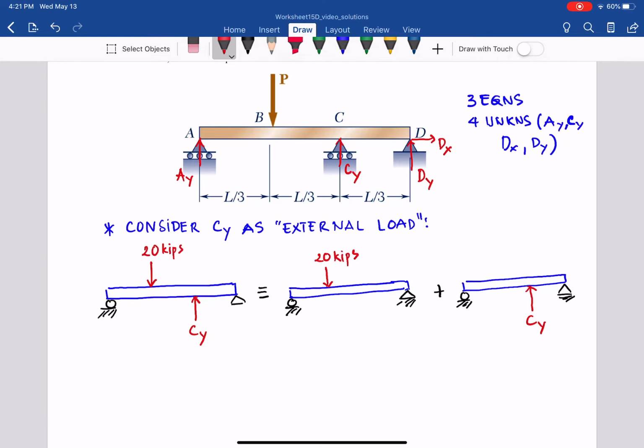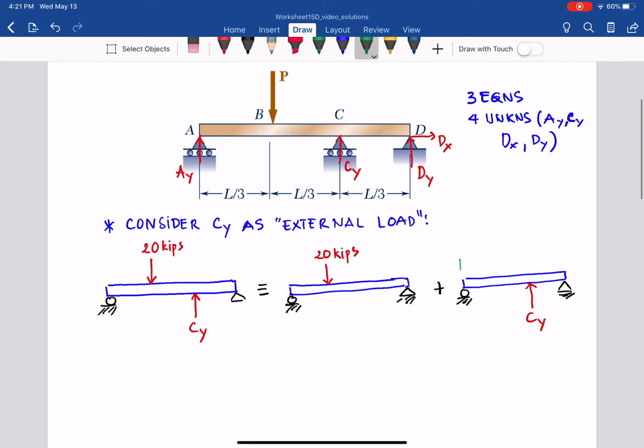If we start that equation and start X from the left, then as you can see, A in this case equals L over 3.